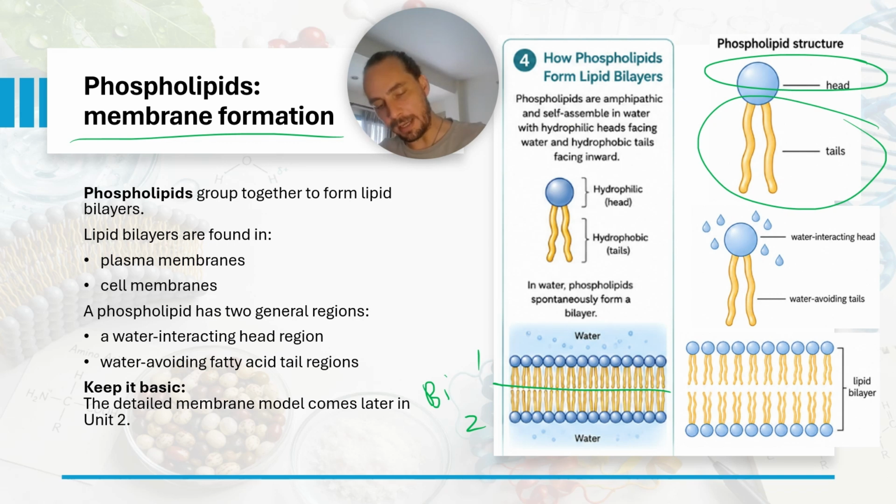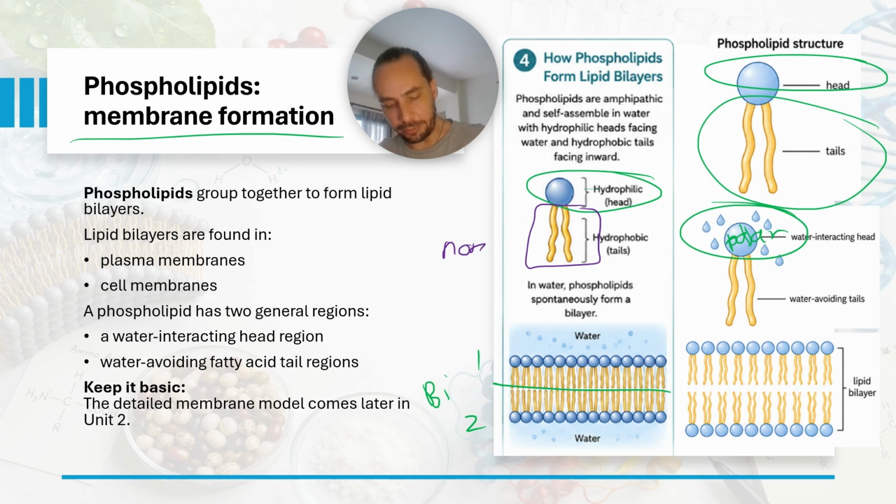And you can see that it has two fatty acids. The head is hydrophilic, meaning it is polar. It is polar, so it loves to interact with water and form hydrogen bonds with water. But the tails are non-polar, okay? And because they're non-polar, they're hydrophobic, so they do not interact with water.